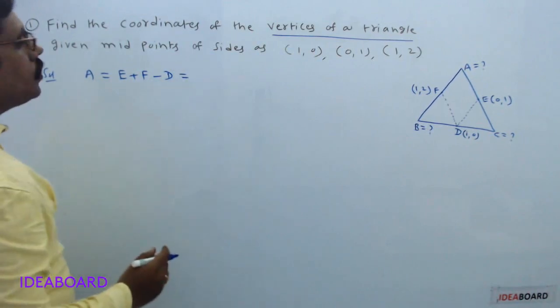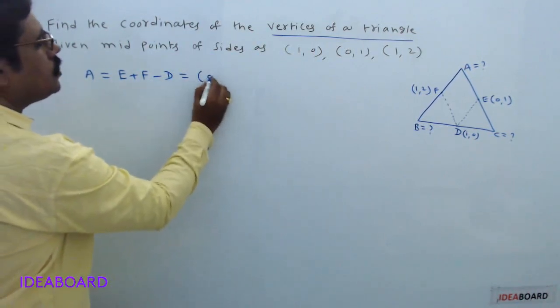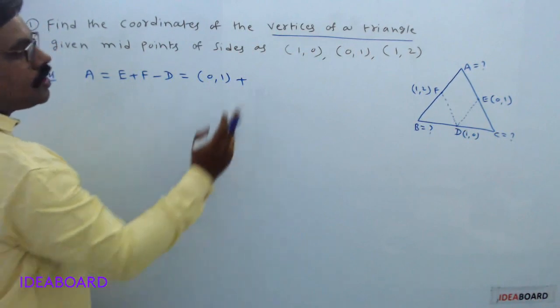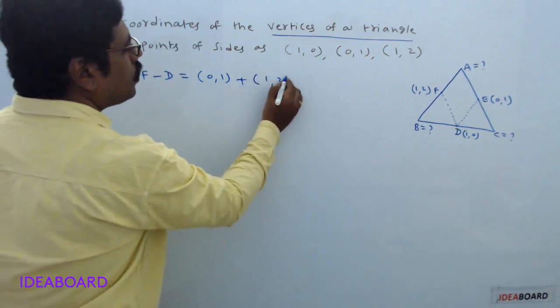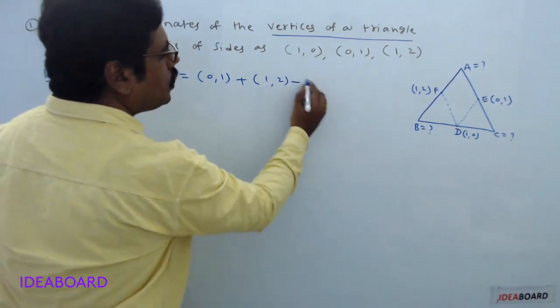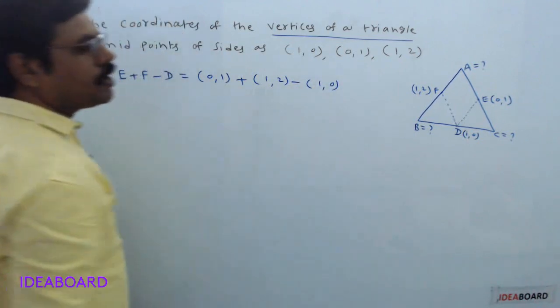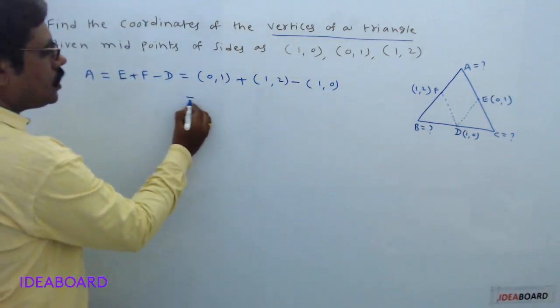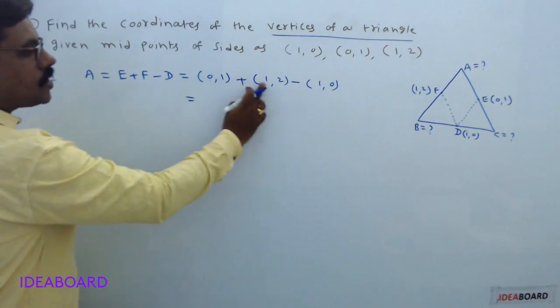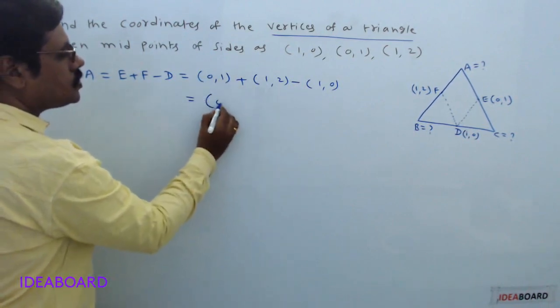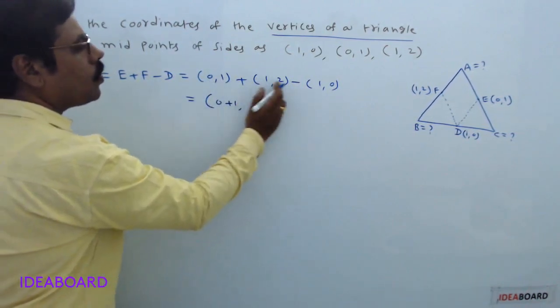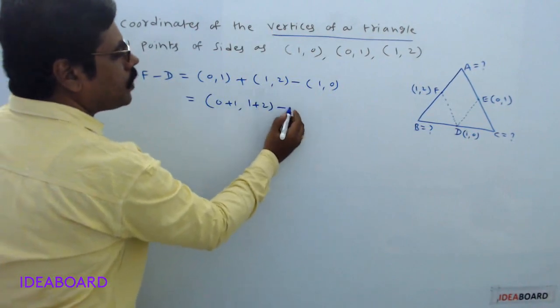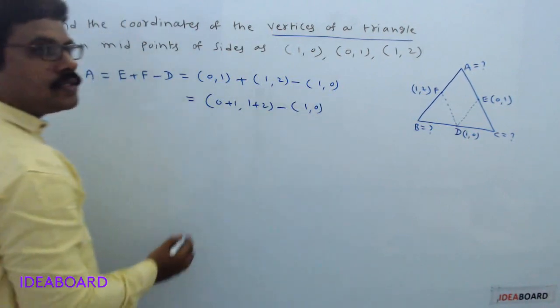Now this is equal to E, that is (0, 1), plus F point (1, 2), minus D point (1, 0). First add the corresponding x coordinates and y coordinates: (0 plus 1, 1 plus 2) minus (1, 0).